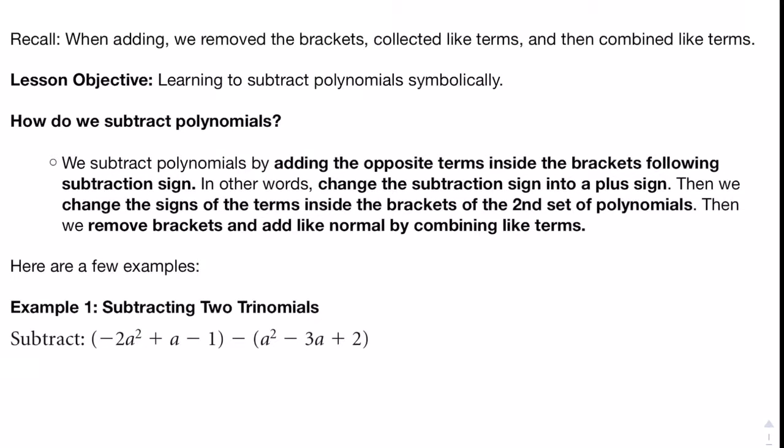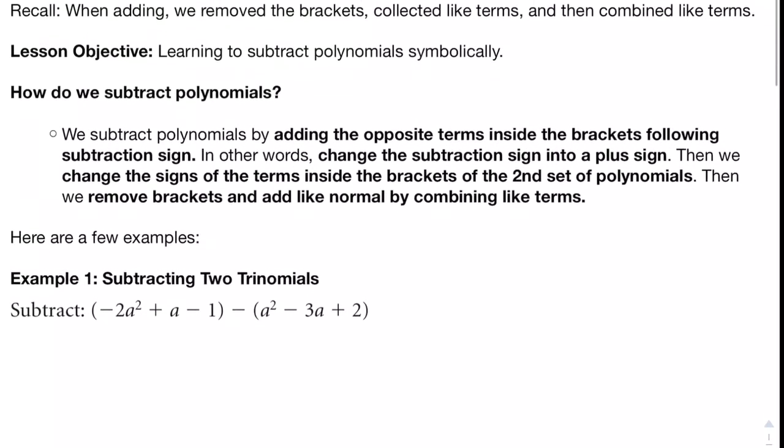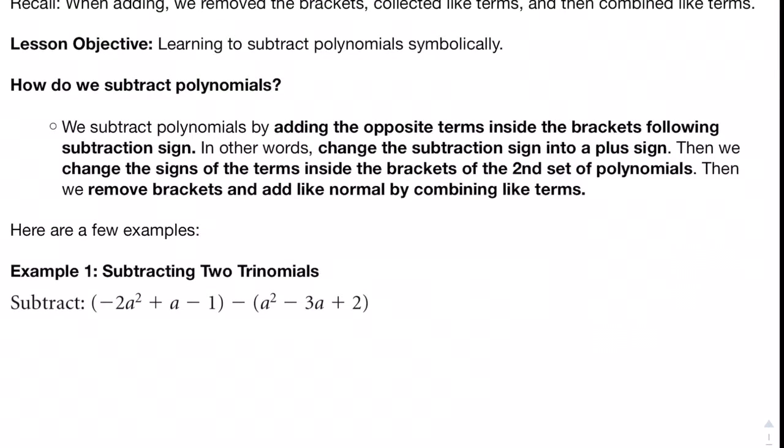We have the polynomials here: negative 2a squared plus a minus 1, and we're subtracting a squared minus 3a plus 2. So we have two polynomials. Again, what we're going to do first is change the middle sign right here to an addition sign.